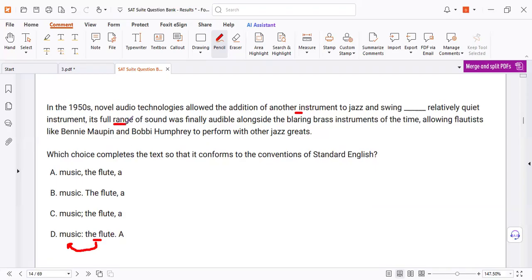The range of sound was the sentence. So you have two complete sentences. But what is the beginning? Where is the beginning? The beginning is from here. A relative quiet instrument. So the writer starts with positive information, then a comma, and then starts the sentence.